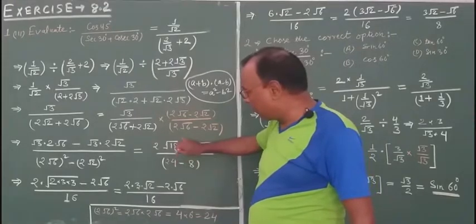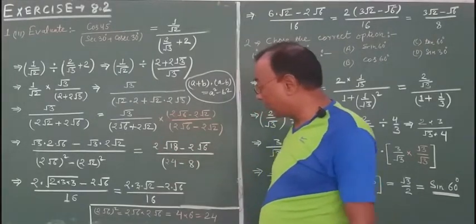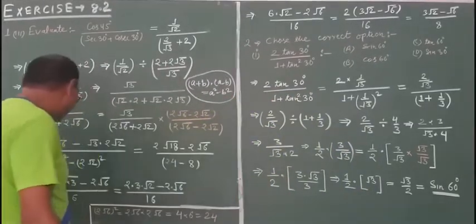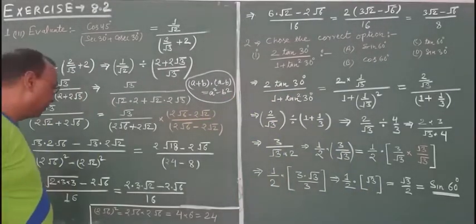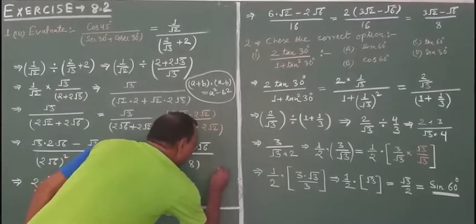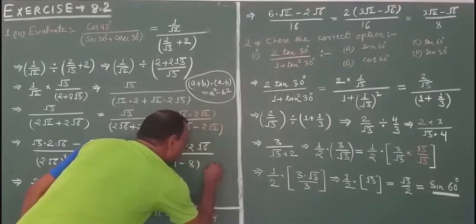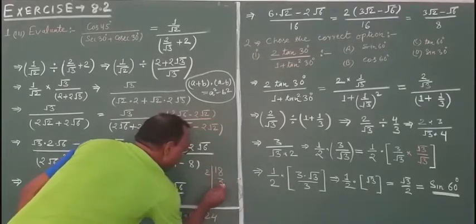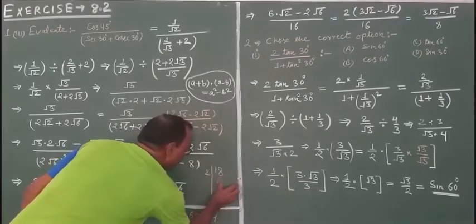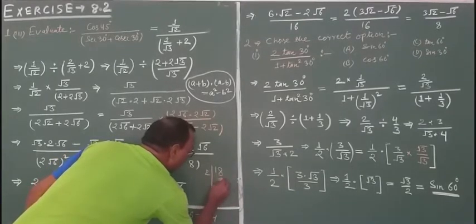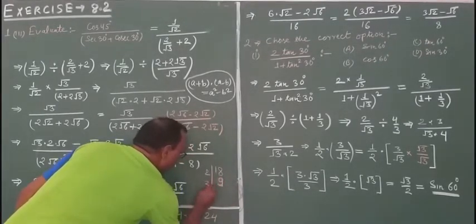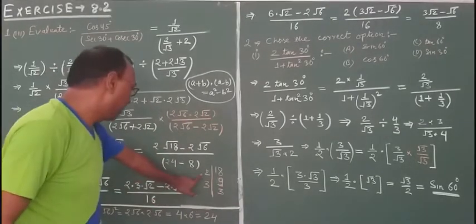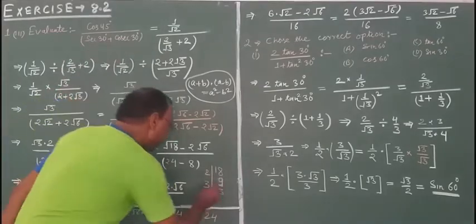This under root 18 can be prime factorized. 18 is equal to 2 into 3 into 3. 3 3 is 9, so this can be prime factorized as 2 multiplied by 3 multiplied by 3.